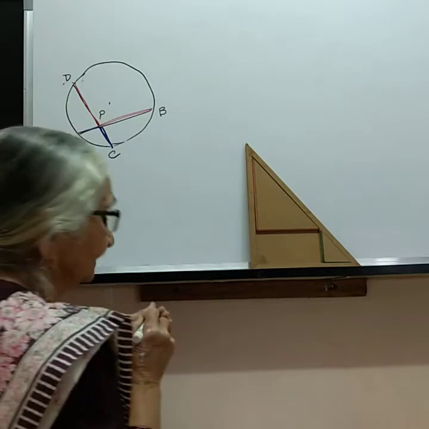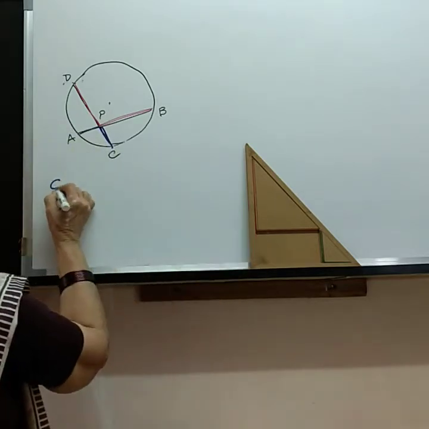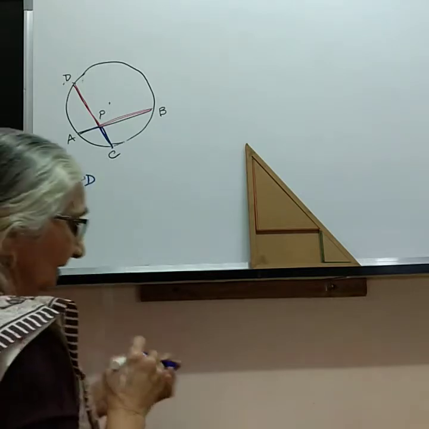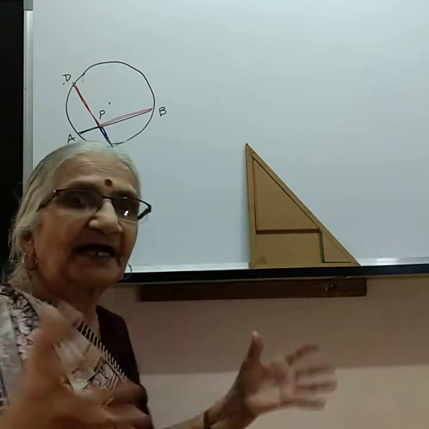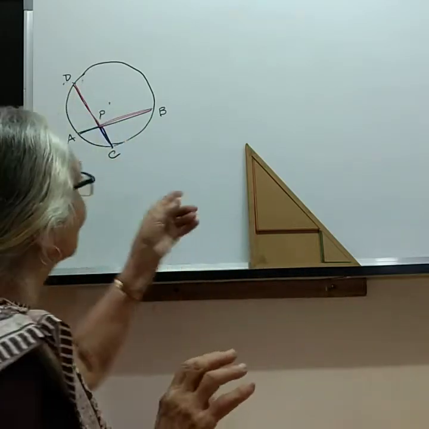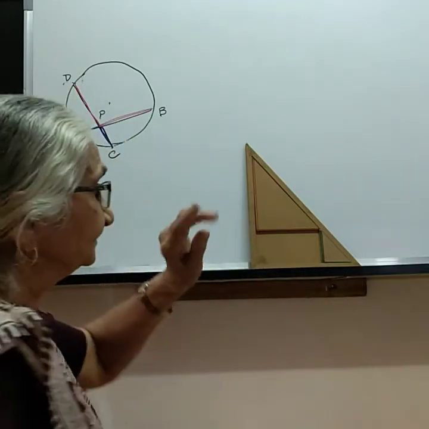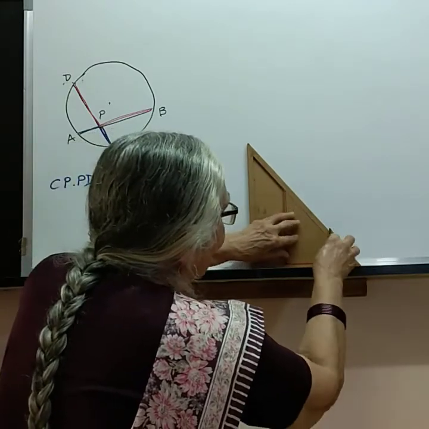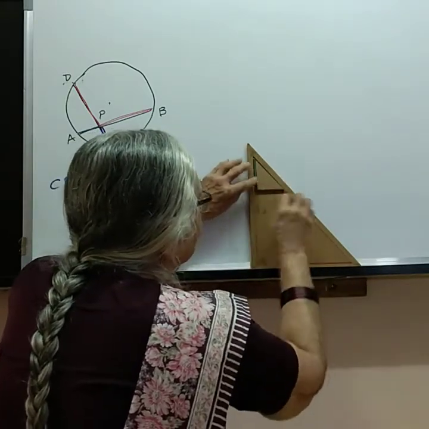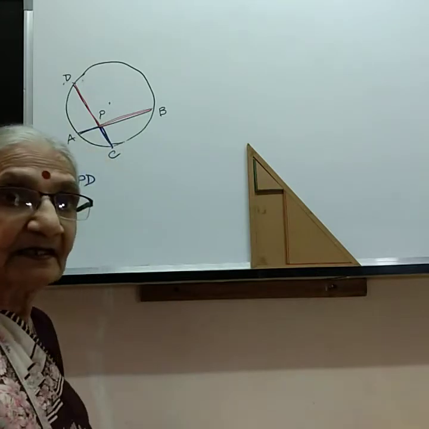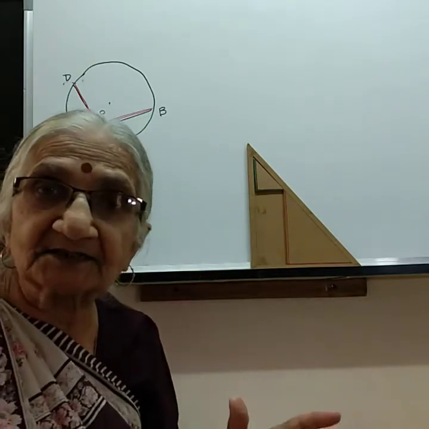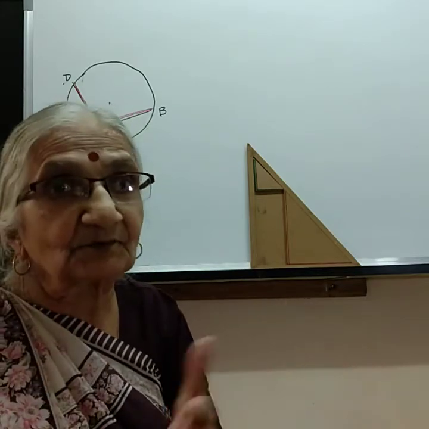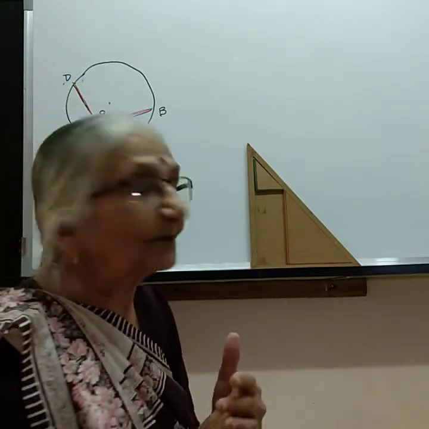The first time that we take the big triangle and remove the two small ones, we are left with CP into PD. Now, just slide this here and slide this one here. Same big triangle, same two small triangles to be removed, and therefore what remains must be the same. Let's see what remains.